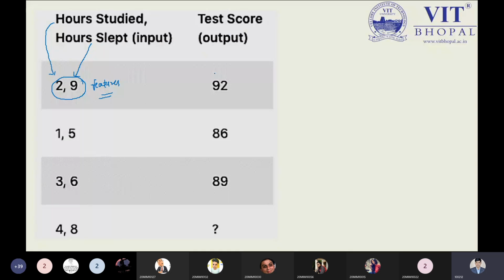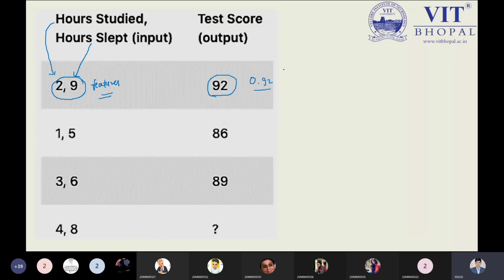And the test score: if you are spending 2 hours studying and sleeping 9 hours, that is our input. So our output, we are getting 92%, and this can be written as 0.92. Why am I writing 0.92?